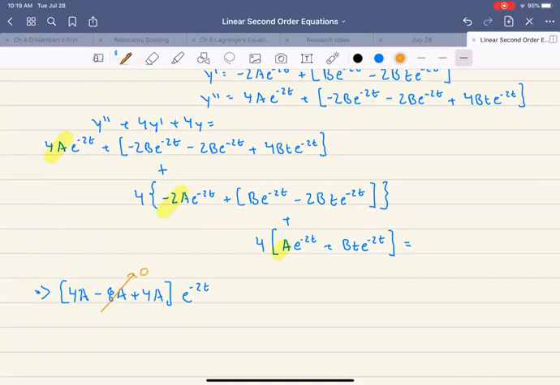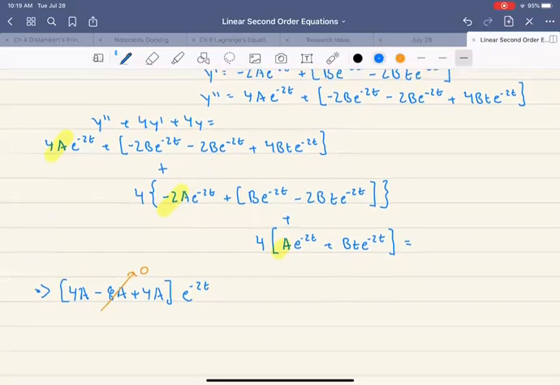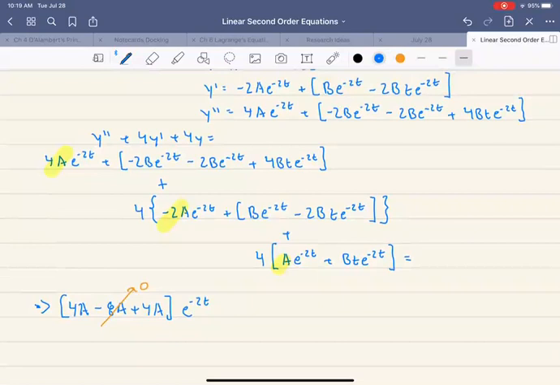Okay, now let's take the b terms. So the b terms are going to be, well, we're going to have negative 2b, that's negative 4b. We're going to do the ones without the t first. Here we're going to have plus 4b, right?